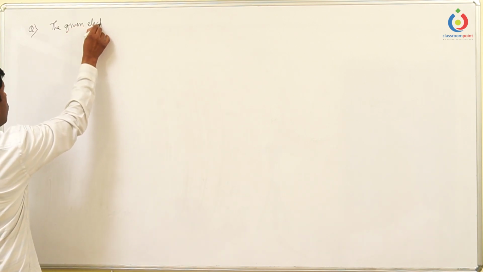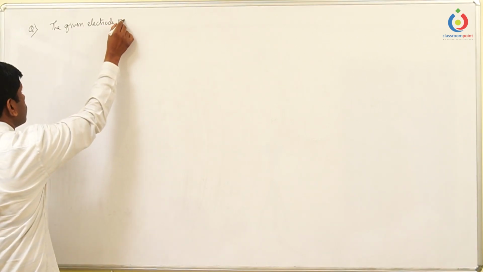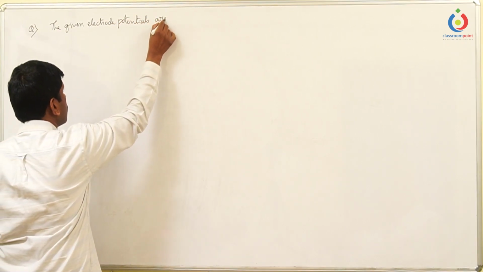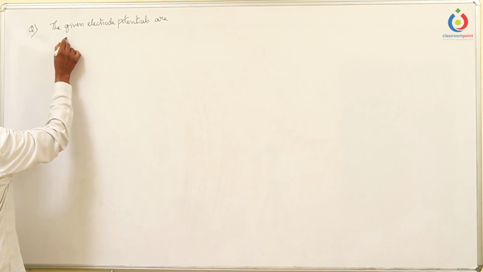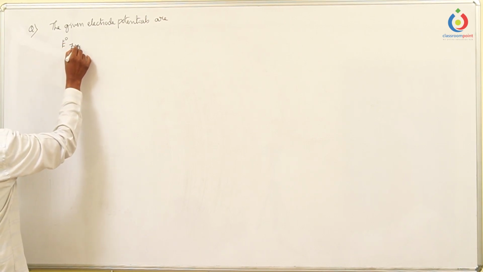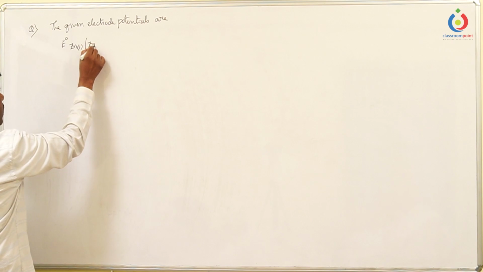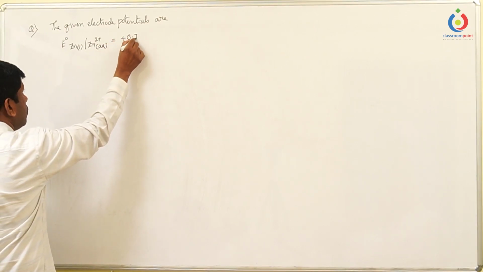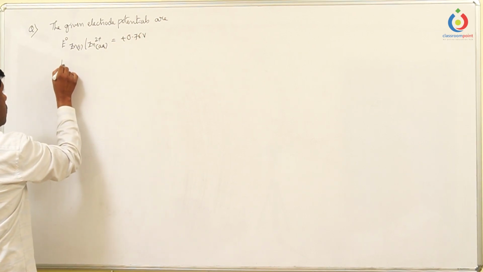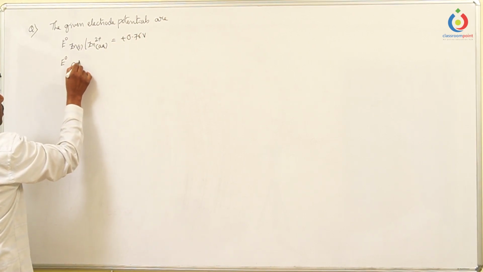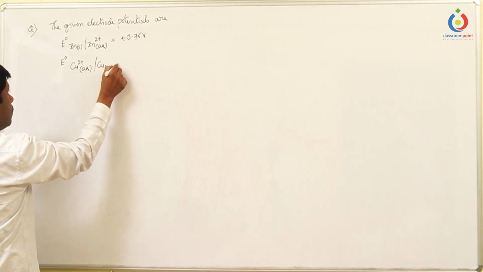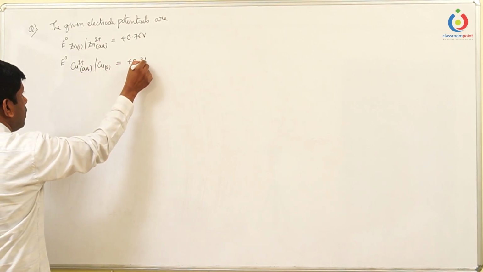The given electrode potentials are E0 Zn by Zn2 plus equals plus 0.76 volts, whereas E0 Cu2 plus by Cu is plus 0.34 volts.